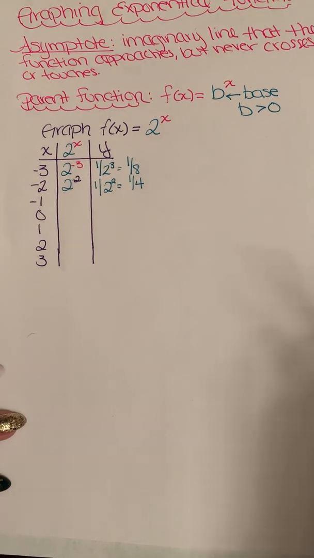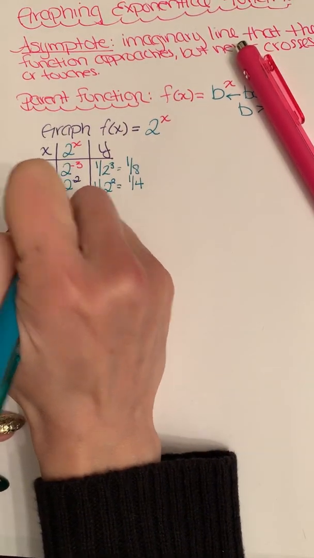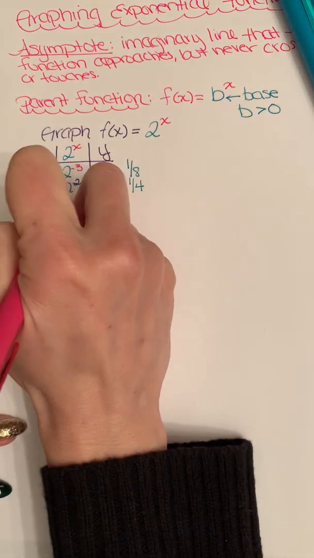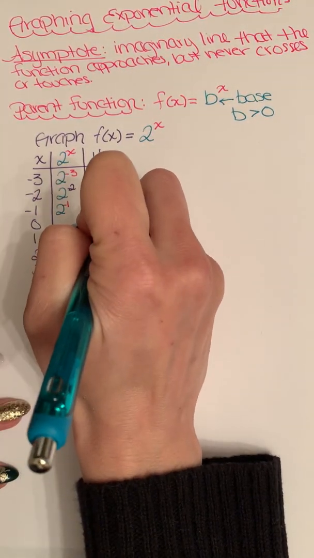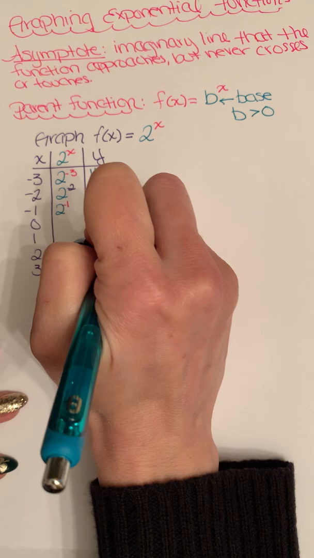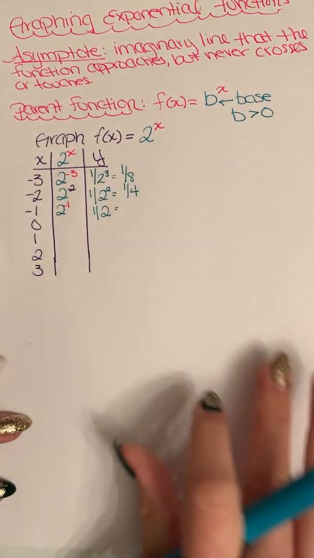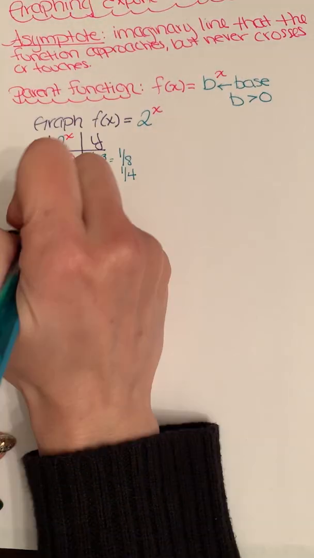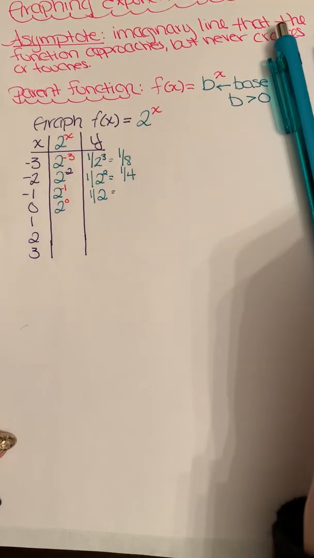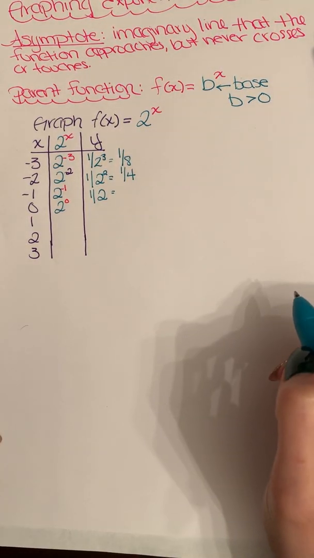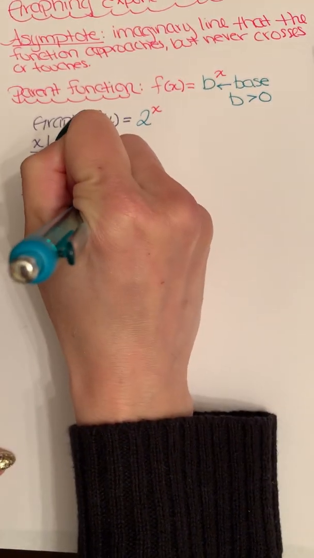Oops, I used purple instead of pink. Sorry. And then we have 2 to the -1st, which is 1 over 2 to the 1st, or just 1/2, so I don't need to rewrite that. Then we have 2 to the 0. Please do not tell me 2 to the 0 is 0, because anything raised to the 0 power is 1.